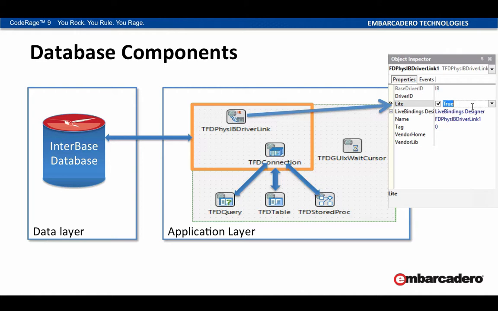With FireDAC, there's a physical IB driver link that you put down in the application, and there you say that you're using the Lite edition, and that connects up to the embedded drivers. The other thing you need to use with FireDAC is a GUIx wait cursor, and that will then manage the screen cursor for you automatically.